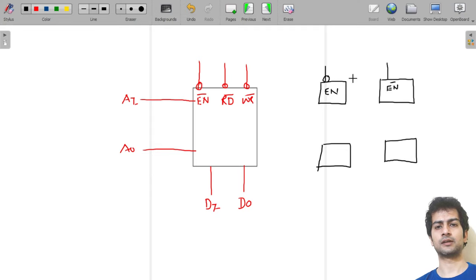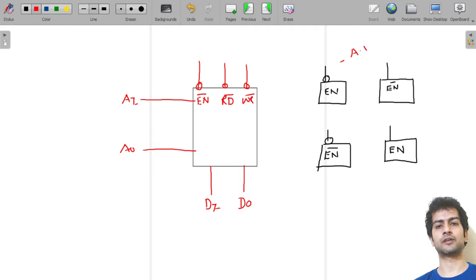Here there is an inverter. Here there is a bar on enable. Here we have both an inverter as well as a bar. And here we have neither an inverter nor a bar. So see, if we have an inverter, then it is active low.